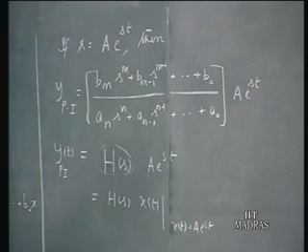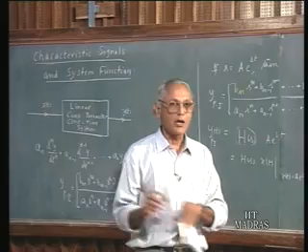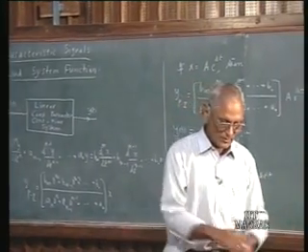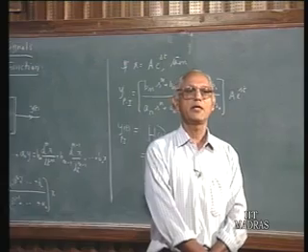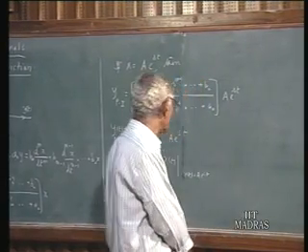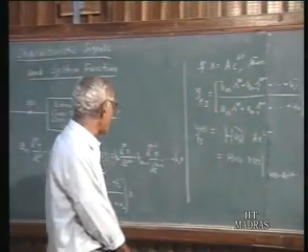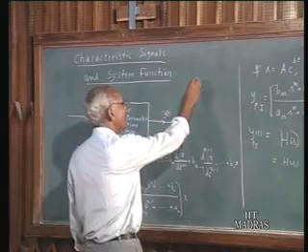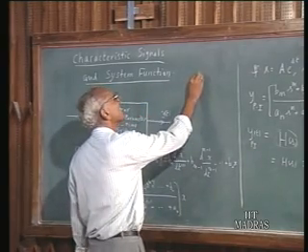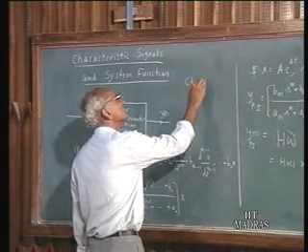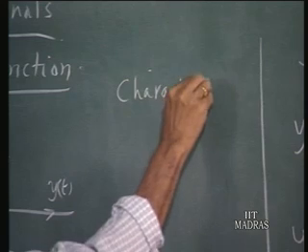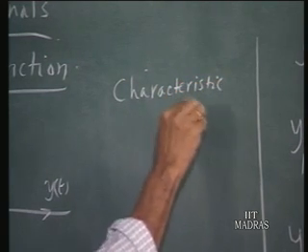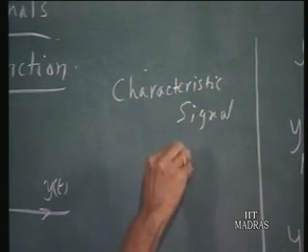So, where the input excitation function and the output function have the same form of time function, it is said to be a characteristic signal of a system. The characteristic signals are sometimes called eigen functions, characteristic functions, or characteristic signals, also called eigen signals.